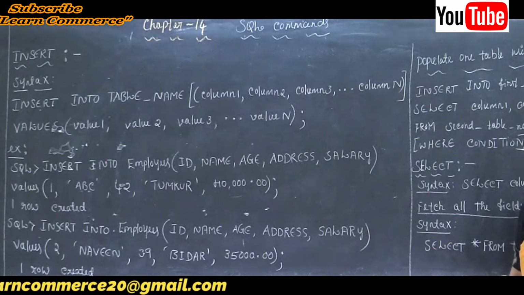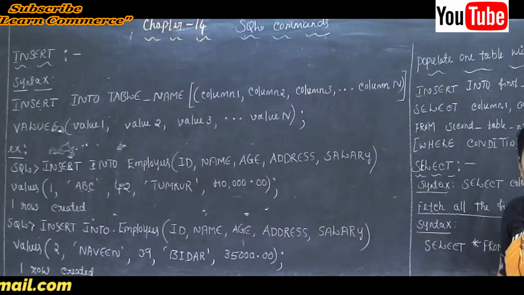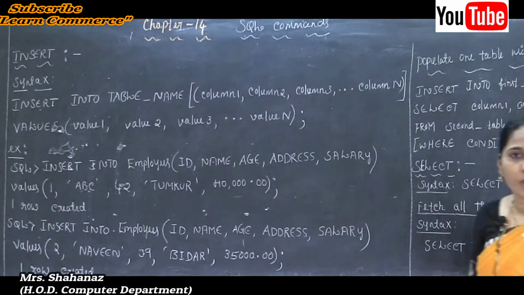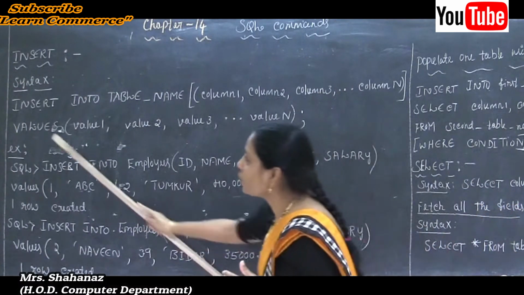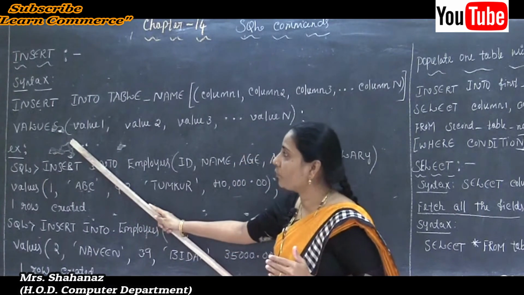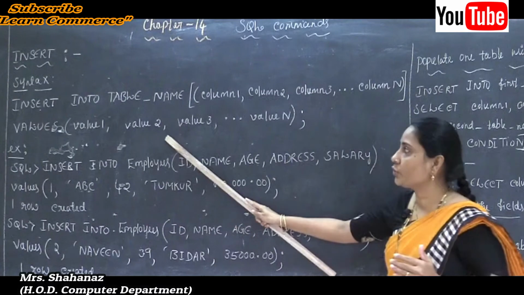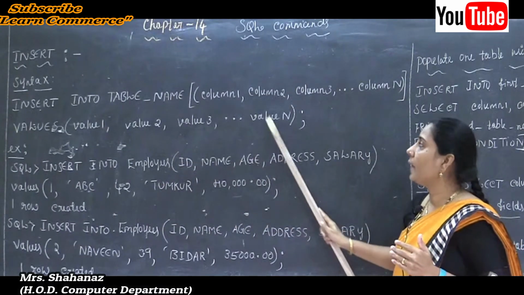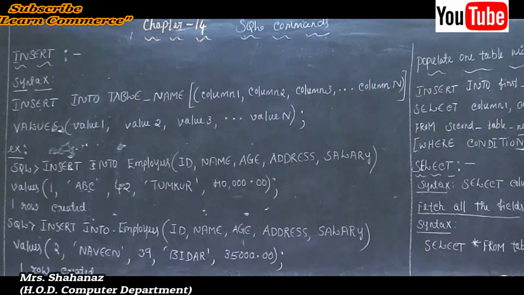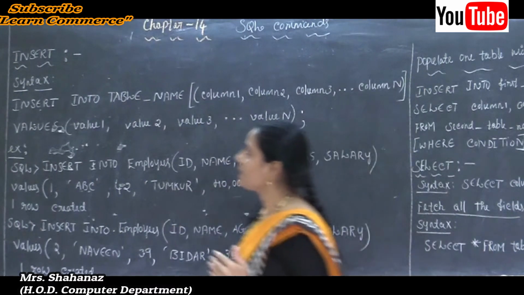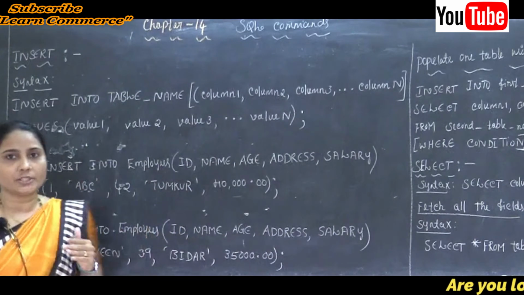Now, as we created the columns, in the same way we need to add values for those columns: values, then opening the parenthesis, value1, value2, value3, and so on until the last column value. This is the syntax of our insert into command.